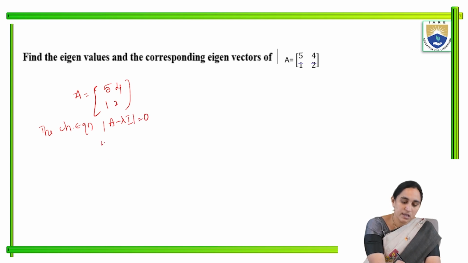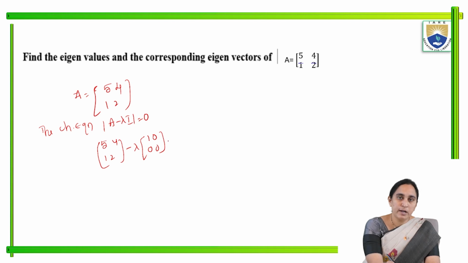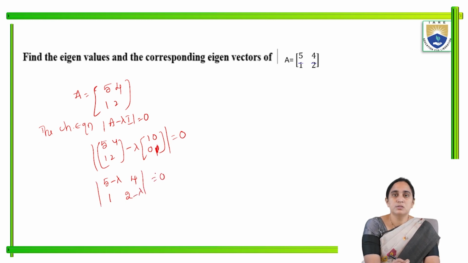Here A is 5, 4, 1, 2 minus lambda into the 2 by 2 identity matrix, and we find the determinant: 5 minus lambda, 4, 1, 2 minus lambda is equal to 0.